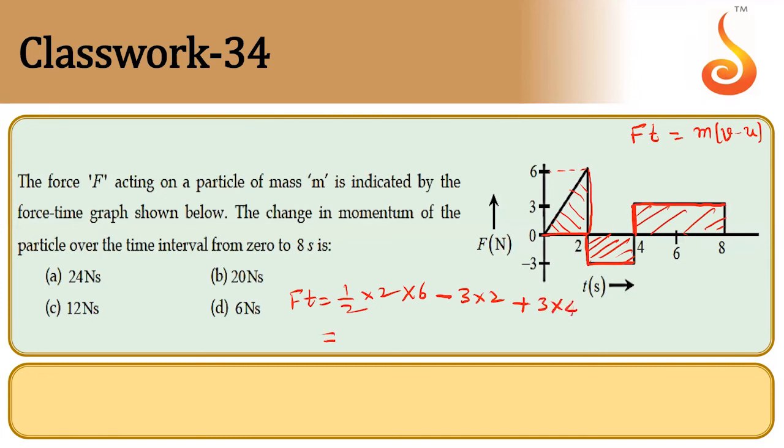That will be 6 minus 6 plus 12, which is 12 newton second. That is option C. So the area under the F-T graph gives you the change in momentum.